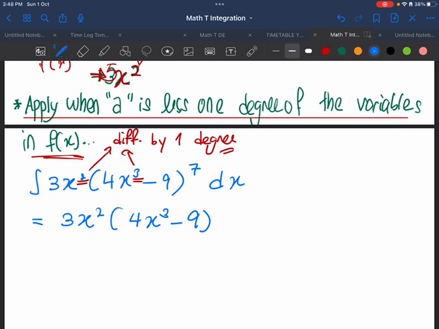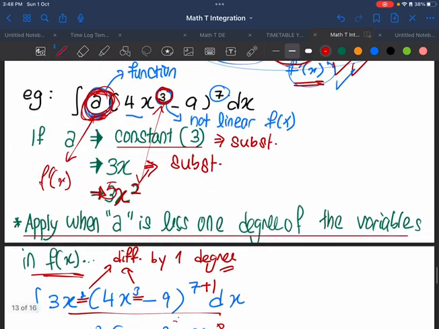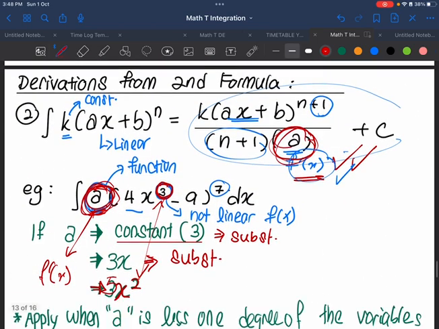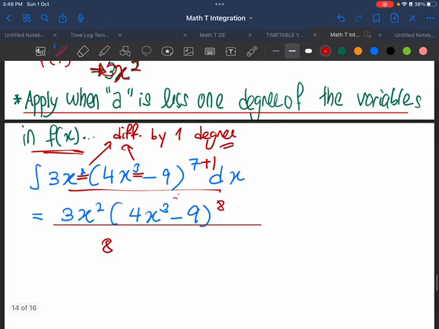Only 1 degree. Now we just copy it and put plus 1 on the power, and divide by the new power, which is 8. And now we are also dividing by the f prime x, because here it is divided by the a.